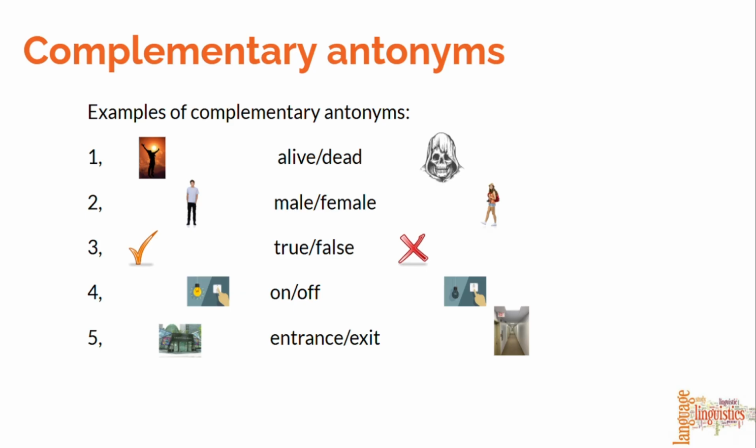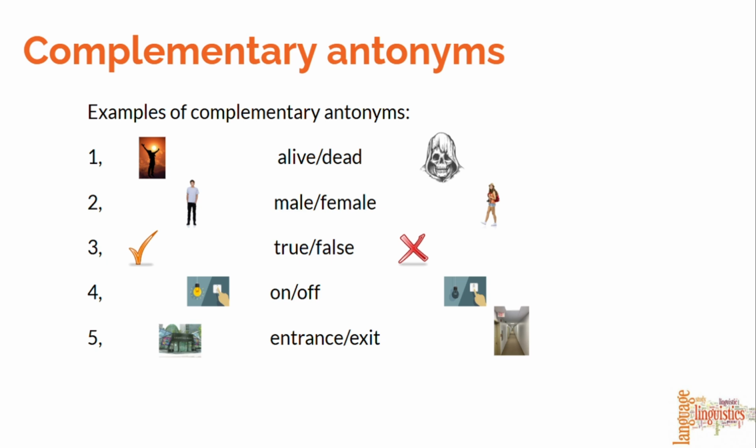Let's look at some example pairs of complementary antonyms. The first pair, alive and dead. According to complementary antonyms, if we negate the first word alive, such as the person isn't alive, that means this person is dead.